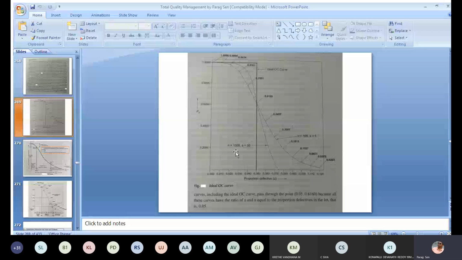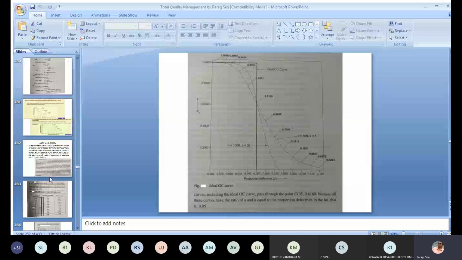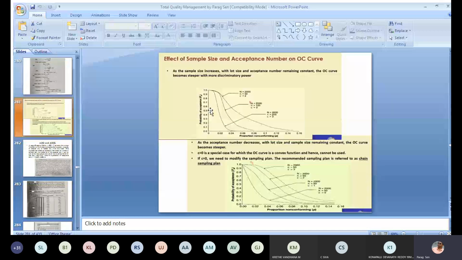That we have seen. And you can see this picture also, different operating characteristics curves are represented in this picture. And here you will see that the lot size is same for all the curves, but small n, that means sample size, is different.